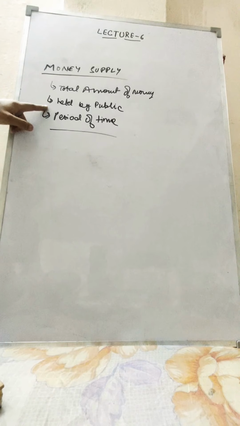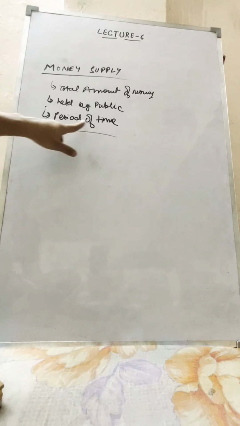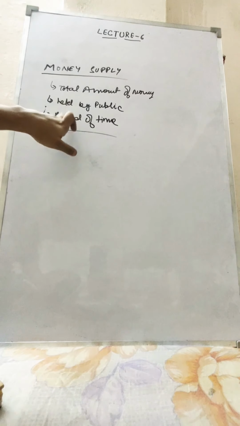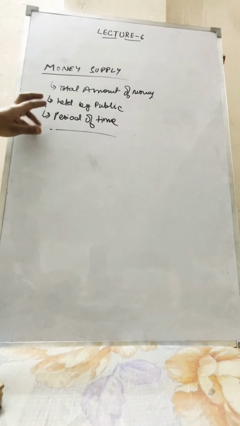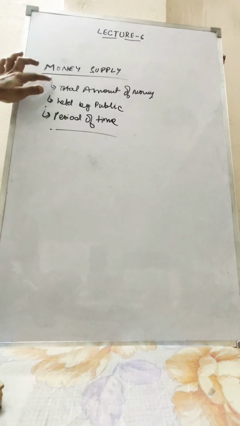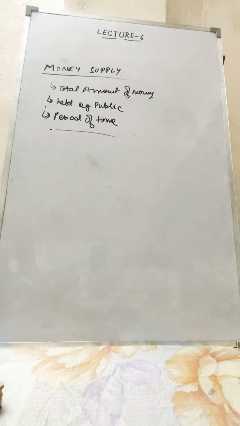Whenever we are talking in terms of money supply, that quantity is always held by public. So it is again a very important point. And then we always calculate stock value at a particular period of time. So that's why it is a very important point here. So we need to remember all these 3 points in our money supply.